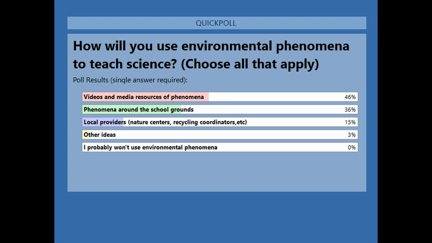We had meant to have it be multiple, so if we do this one again, we'll change that poll. So maybe that's one of the reasons why the first choice has the most answers. But I'm hoping that it says 0% chose the last one, and I hope that that's actually true. I hope everyone is planning on using environmental phenomenon.